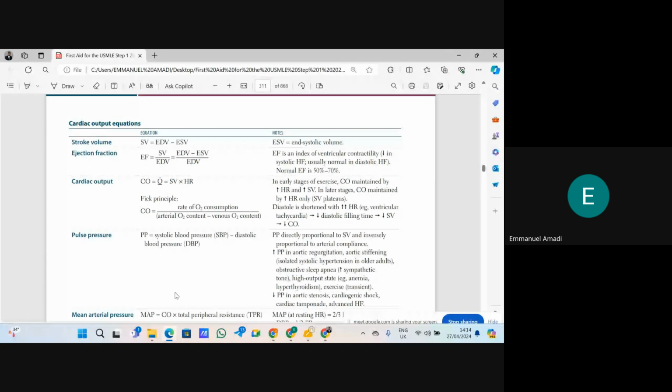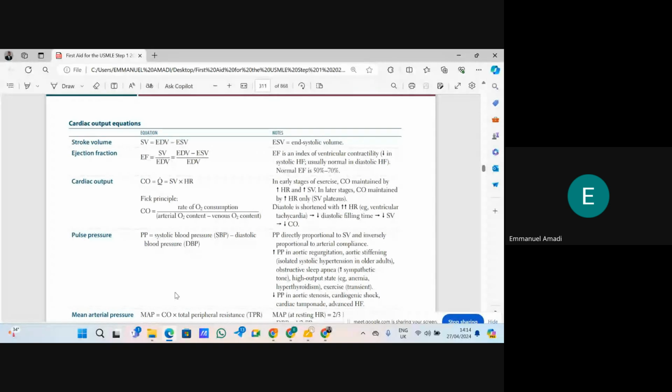This heart is beating 70 times in a minute. So 70 times your stroke volume gives you your cardiac output. So the cardiac output looks at the total amount of blood that comes out of that heart in 1 minute. That's why the formula is stroke volume times heart rate.